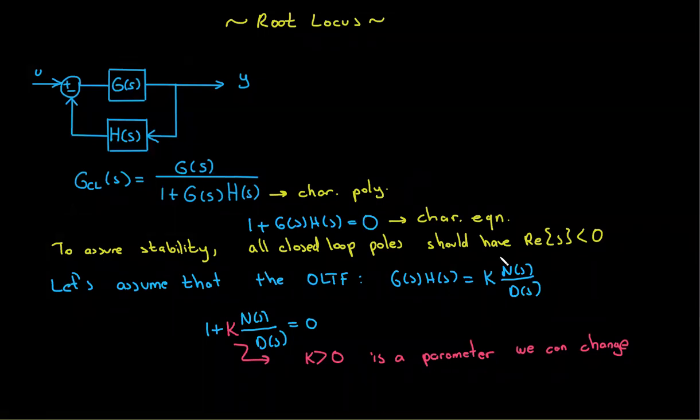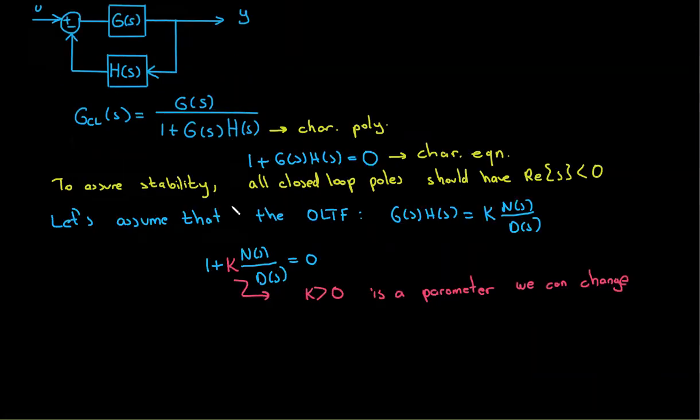And then we will try to find the closed loop pole locations and see their location as K changes from 0 to infinity. And then you can, for example, specify a specific K value such that your closed loop pole locations are at the desired point to satisfy certain properties such as the maximum overshoot, settling time, etc.